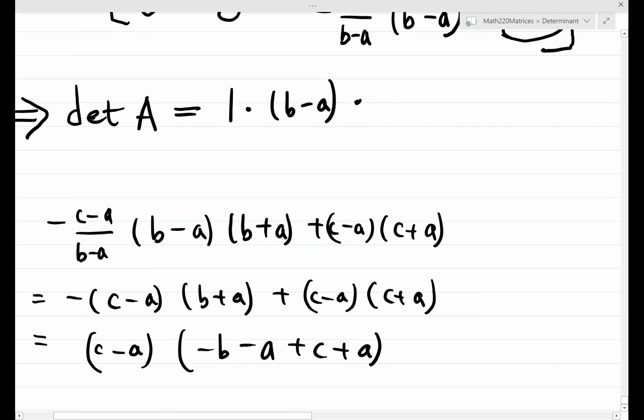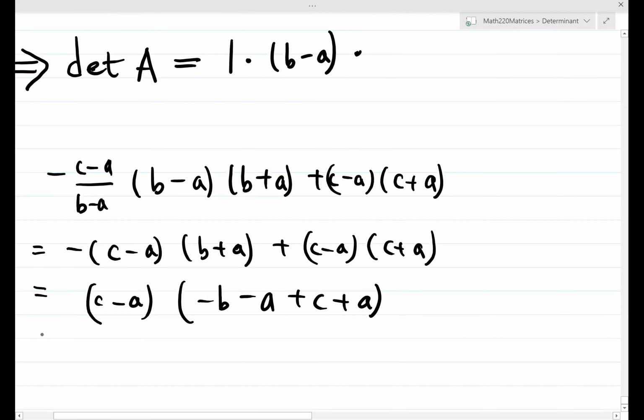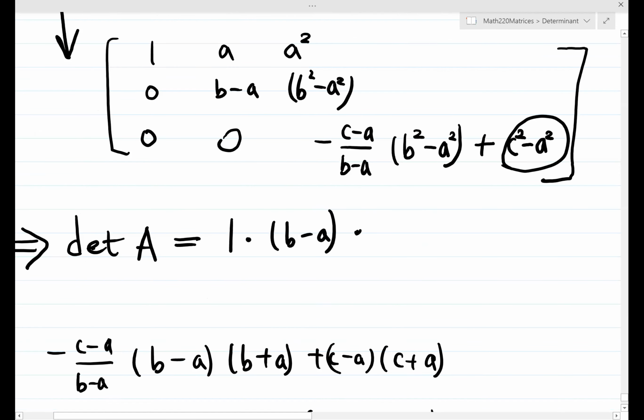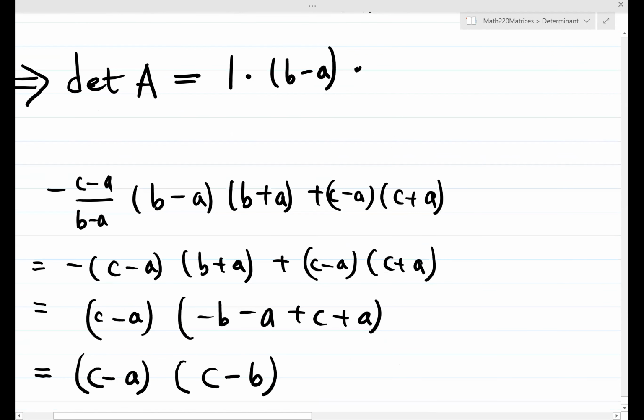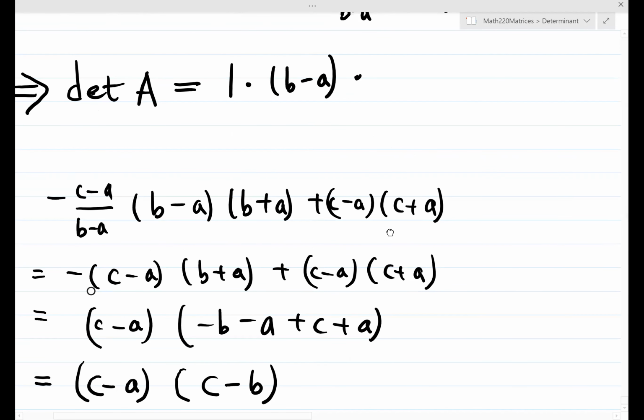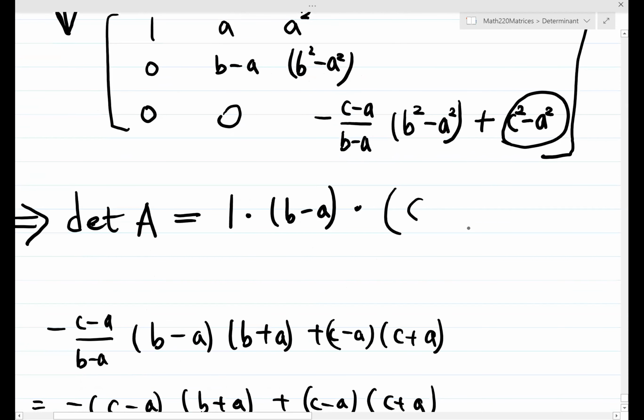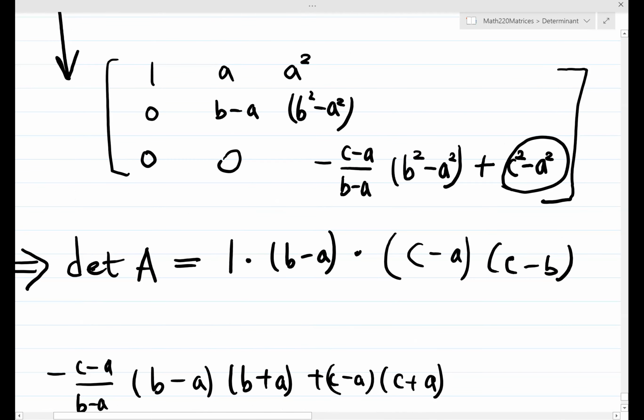So this will be c minus a. Now minus a plus a cancel out, so you get c minus b. Okay. So you finally get the 3,3 entry, third column, third row, will be c minus a times c minus b.